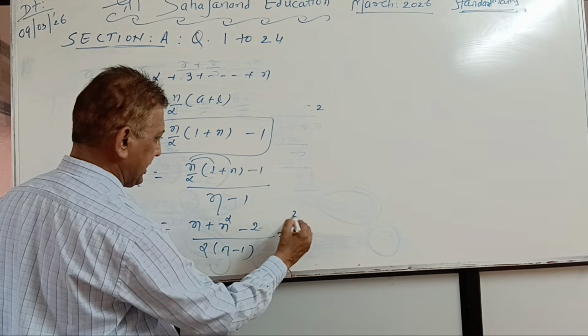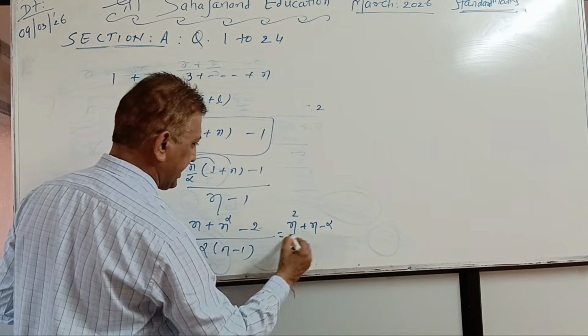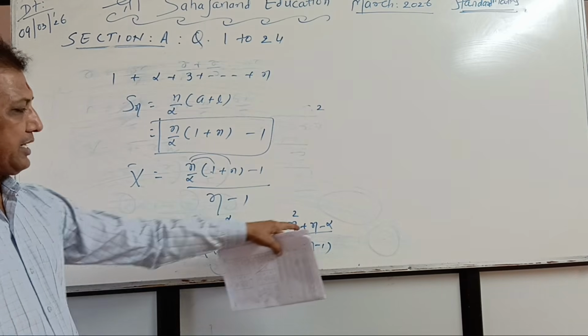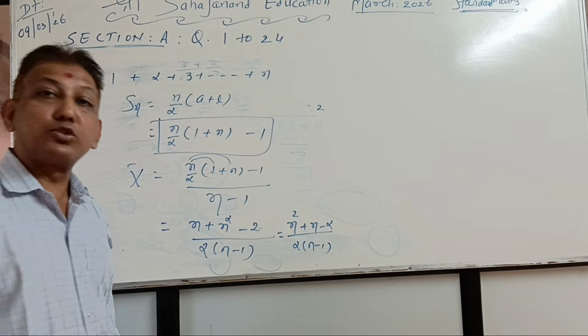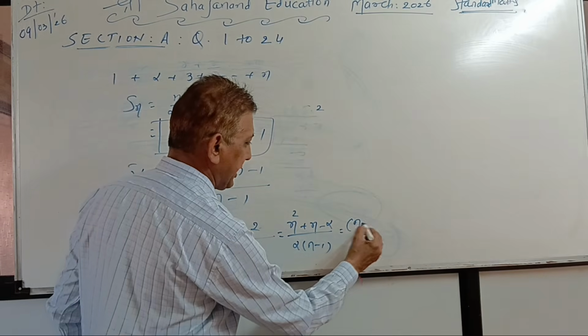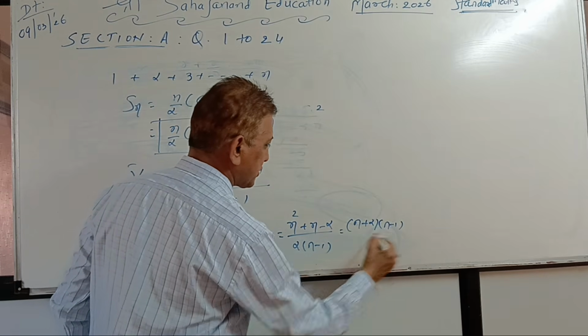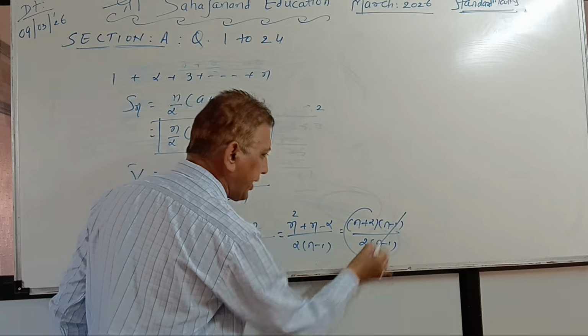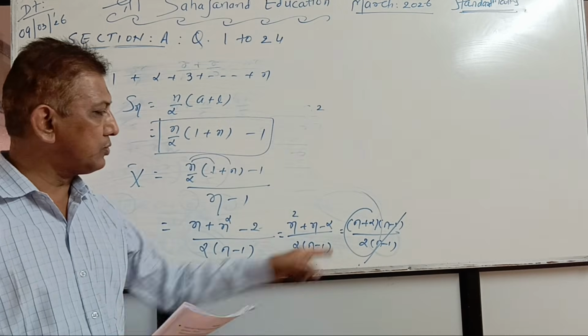Is that clear? N square plus n minus 2 upon 2 into n minus 1. Now splitting this, 2 ones are 2, factorize. N plus 2 into n minus 1 upon 2 into n minus 1. Cancel. Final answer is n plus 2 upon 2.